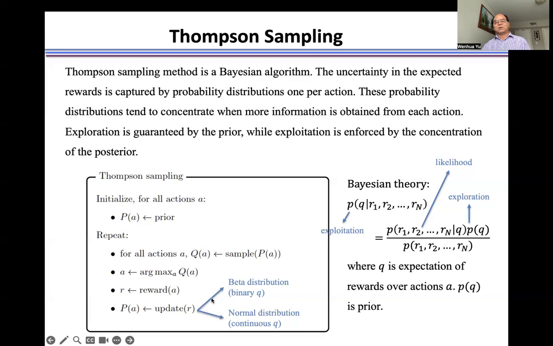Here we introduce two cases. One, the reward is a binary distribution. Another, the reward is a continuous distribution. We see how to use Thompson samples to update through Bayesian theory, and find the optimal action and the optimal expected reward.